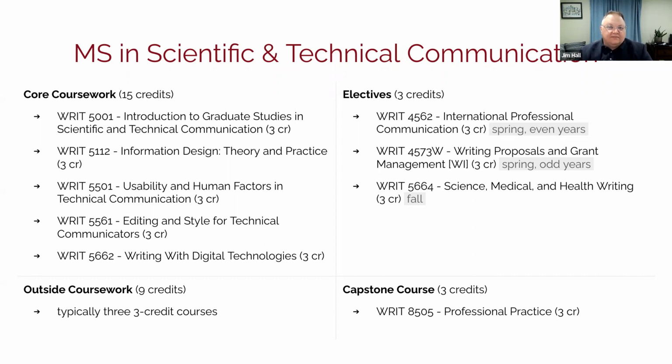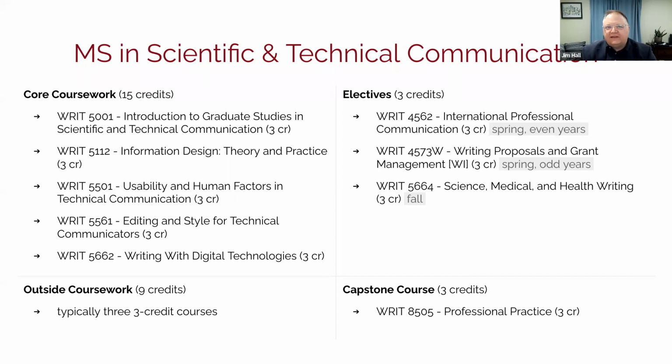And we have in the state of Minnesota a lot of medical device companies and medical companies. And if you work at one of those companies, learning about science, medical, and health writing could absolutely be a big boost in your career. So master's students need to take one of those 3 courses to satisfy that part of the elective.